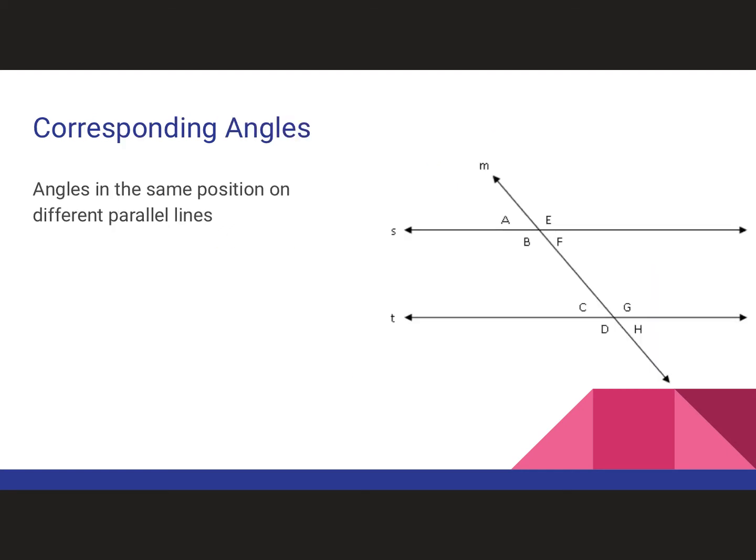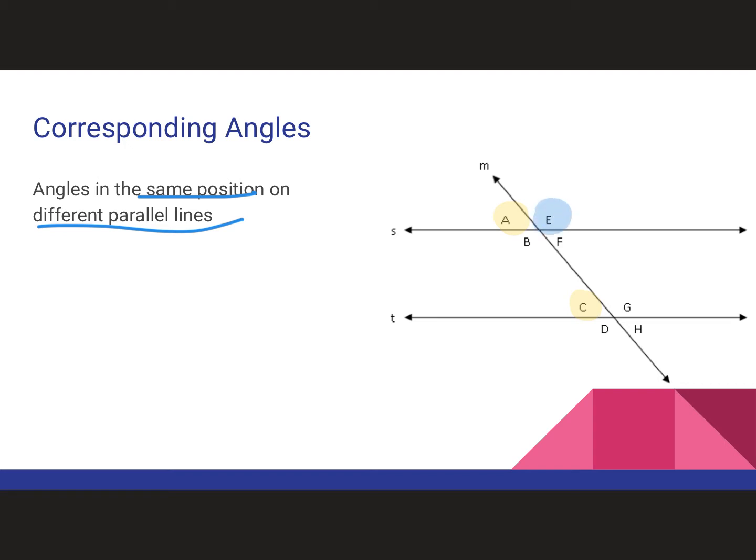So we're going to use that, and we're going to talk about corresponding angles. That's another angle relationship we have. Corresponding angles are angles that are in the same position on different parallel lines. So if we look here, if I picked up this entire set and put it on top of these, angle A would be on top of angle C. That means that they are corresponding angles.